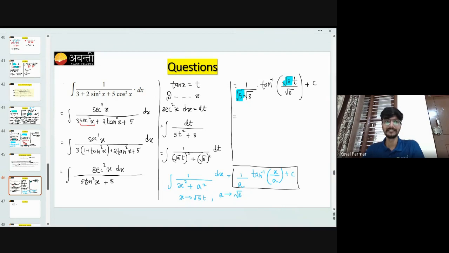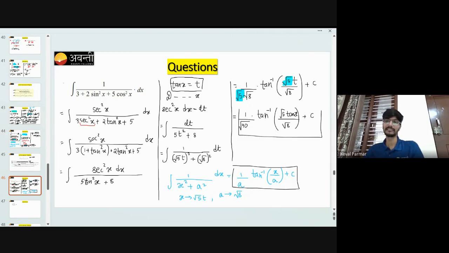That's why I wrote root 5. So basically this is 1 upon root 40 into tan inverse of root 5t upon root 8 plus c. Now we have to resubstitute. What's t? It was tan x. That means root 5 tan x. This is my final answer.